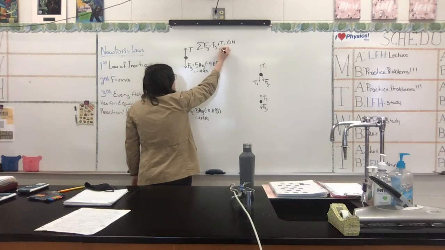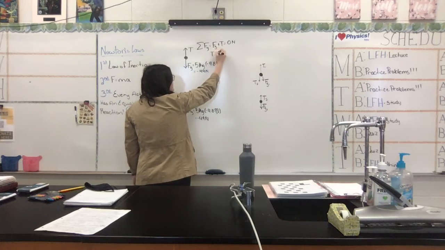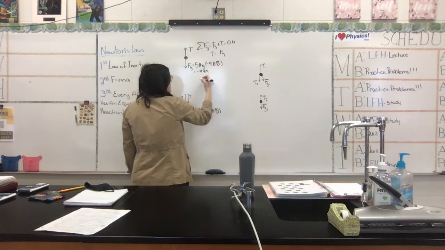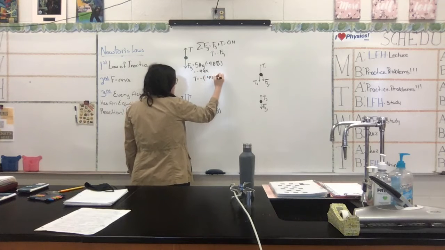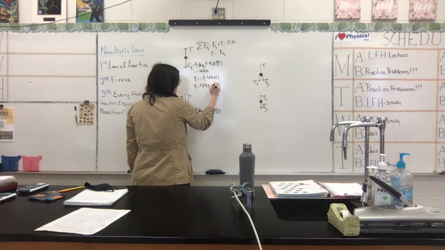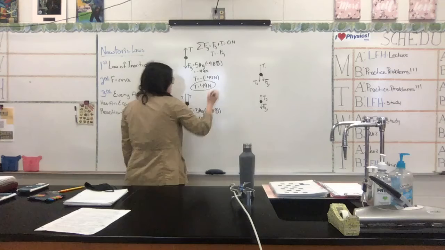And in order to get tension alone, we have to subtract the force of gravity from both sides. So we get that tension is equal to the negative force of gravity, which means that tension is equal to negative 49 newtons, which means that the tension here in case 1 is 49 newtons.